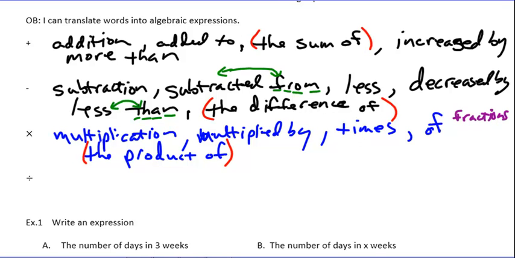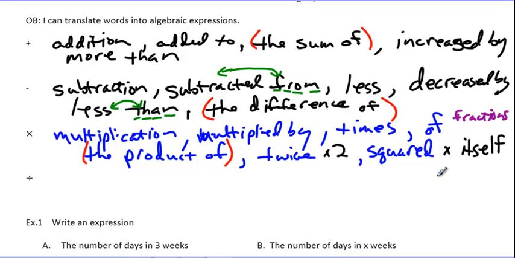Also we have the word twice, which specifically means times 2. We also have, which falls into this category, squared, which will refer to times itself.